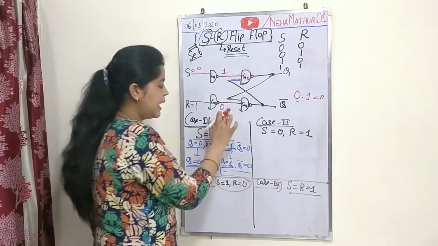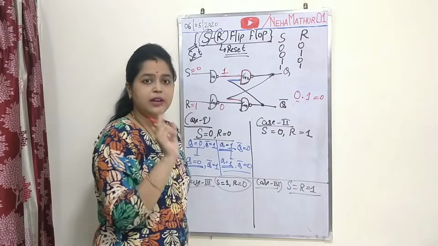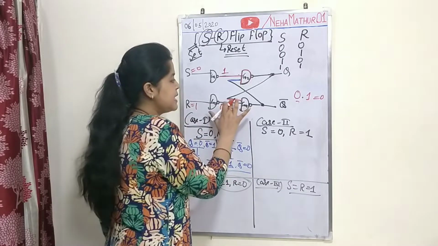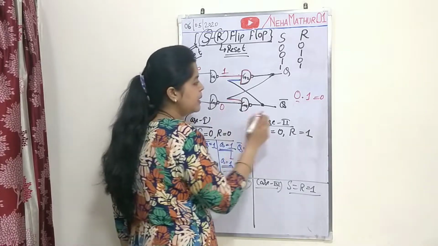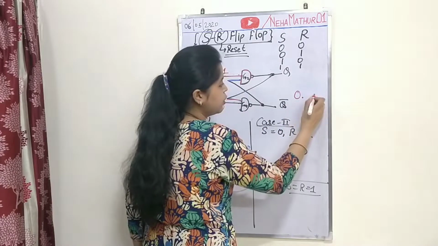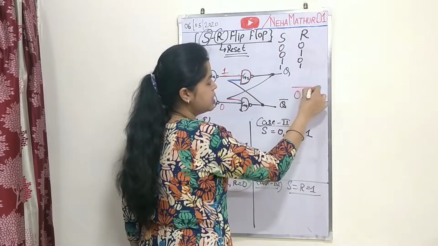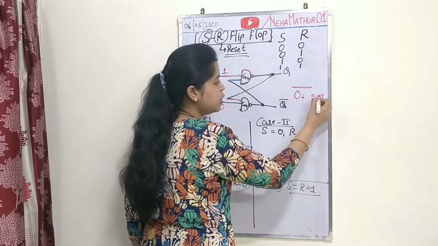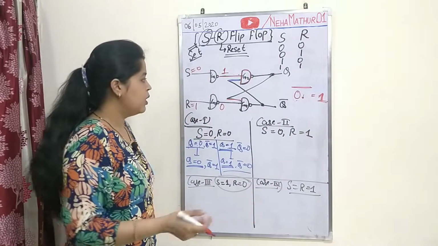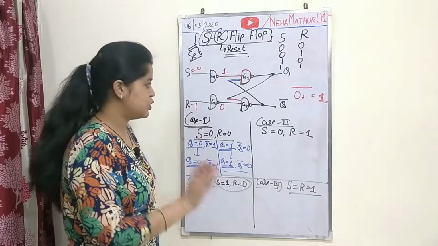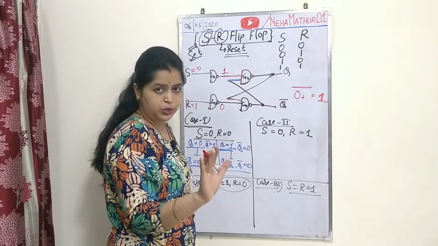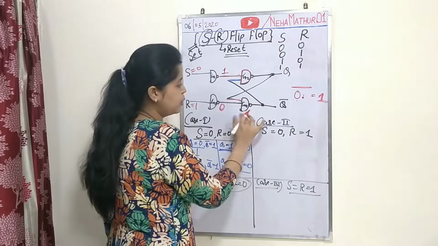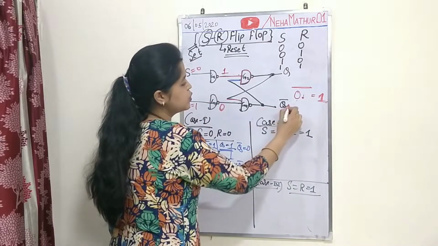So if any input of a NAND gate is 0, then there is no need to assume the second input, because the output will always be 1, because 0 multiplied by any digit is 0, and the complement of 0 is always 1. So now there is no need to initially assume what Q will be. With the help of this single input, you can define that the output of G4 will be 1.